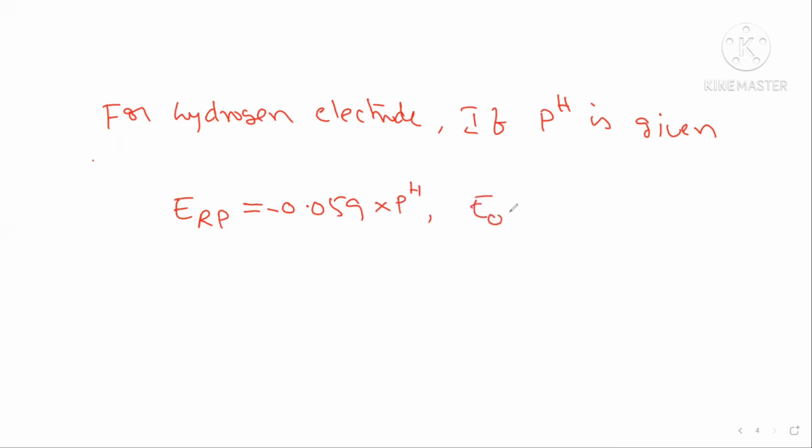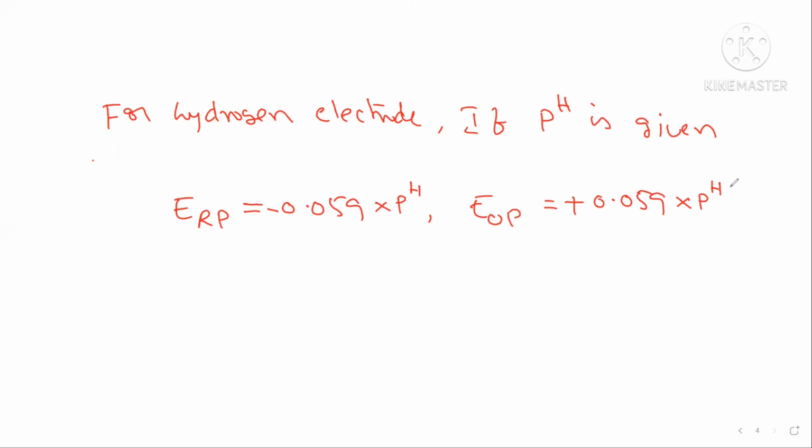Oxidation potential of the hydrogen is calculated by using 0.059 into pH. This is the most important formula.